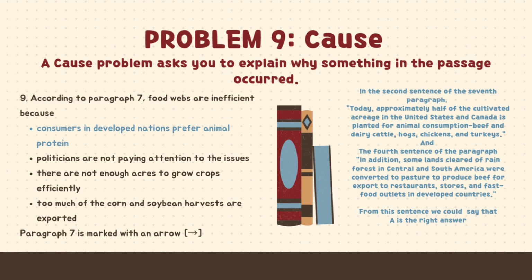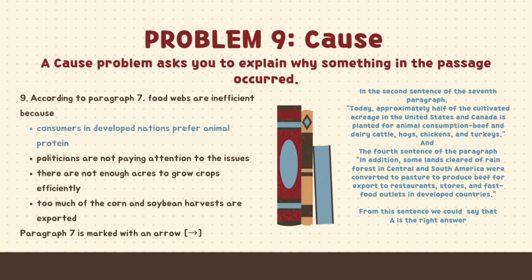The answer is A. Consumers in developed nations prefer animal protein. The reason is that in the second sentence of the 7th paragraph, today approximately half of the cultivated acreage in the United States and Canada is planted for animal consumption. Beef and dairy cattle, hogs, chickens, and turkeys.